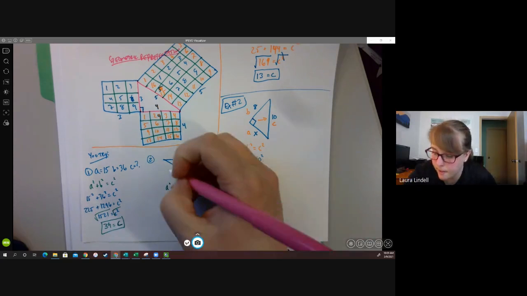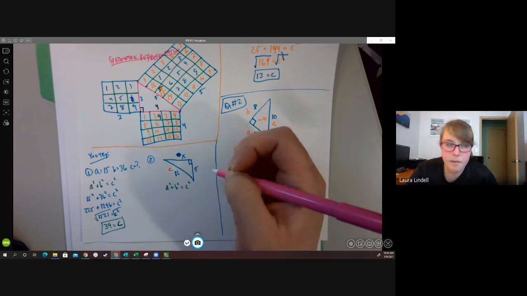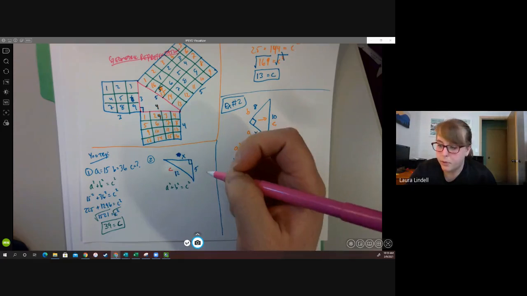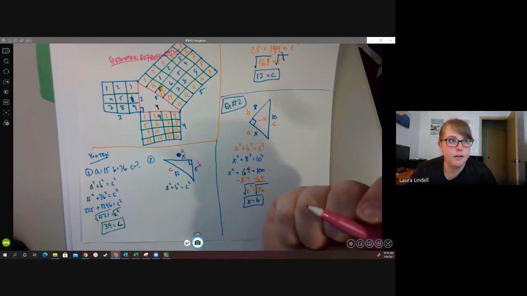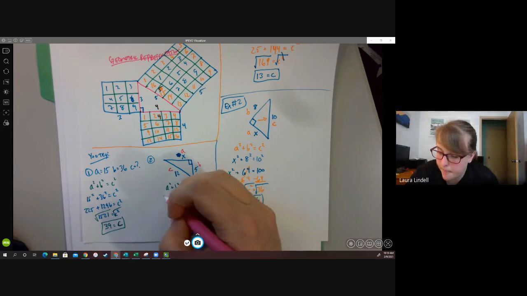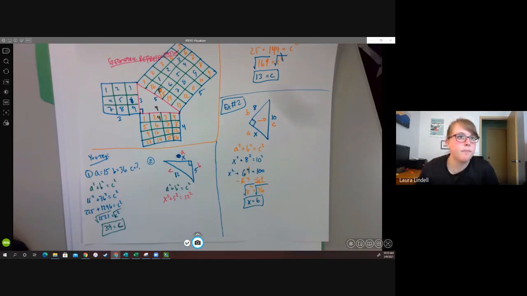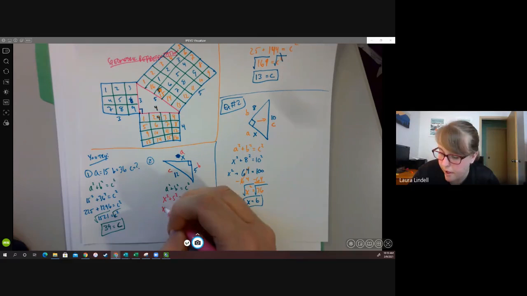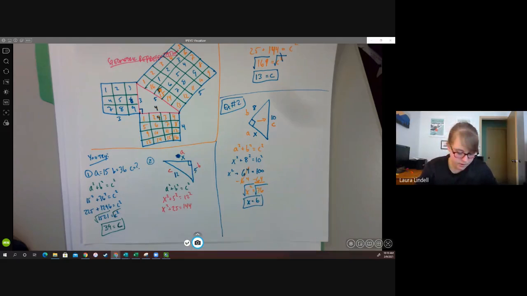Yep, thanks, Jade. 12 is C. And then these two, it does not matter which one is A and which one is B. I'll go ahead and make this one A and this one B. So we get x squared plus 5 squared equals 12 squared. And then simplifying from here, x squared plus 25 equals 144.